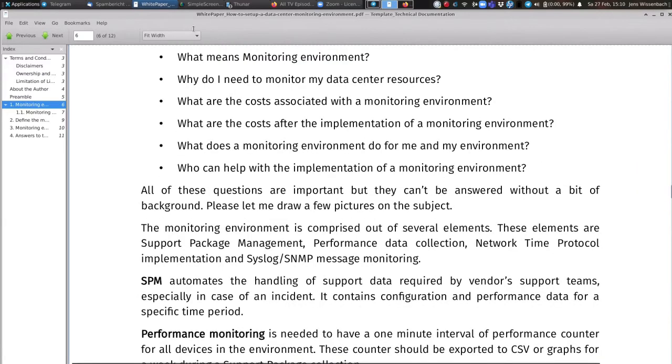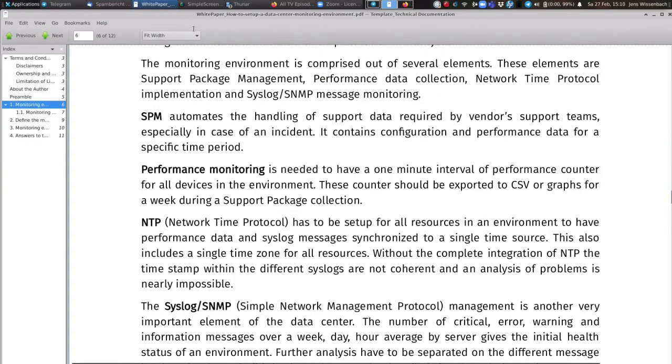But right now we should understand what we are talking about when we talk about monitoring. Monitoring is not just listening to log messages or understanding the performance or collecting support packages or knowing interoperability metrics issues. Monitoring is everything.